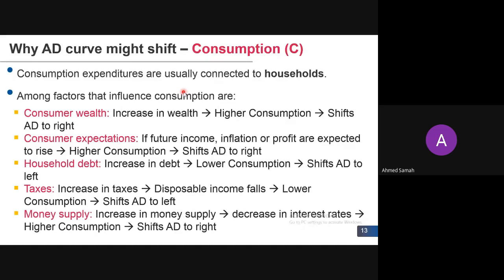When they reduce interest rates, it will be cheaper for people to borrow now. Because of that, they will borrow, for example, to buy household furniture or a TV or whatsoever, and then consumption will be higher now, leading to a shift in the aggregate demand curve to the right.